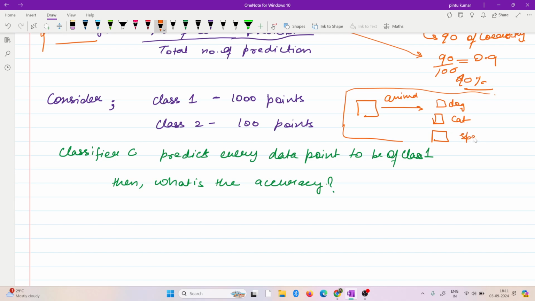Sparrows are rare these days. Or some more rare animal, some extinct animal or something like that. Generally, the data set that you will create, or if you crawl the internet, you will have lots and lots of images of dogs, and very few images of the rest of these two classes. These kinds of data sets are called imbalanced data sets.